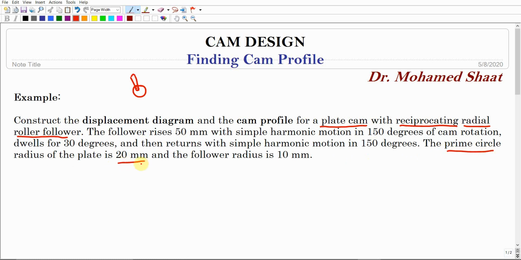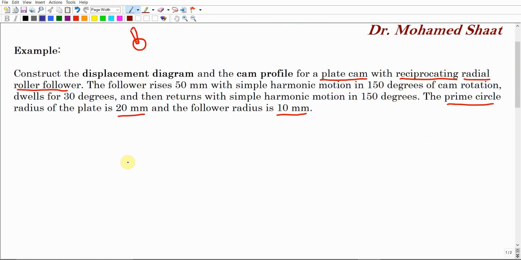R prime is already given as 20 millimeters, and the radius of the roller of the follower is already given as 10 millimeters. Since we are going to generate the displacement diagram of this follower, it is recommended that you come up with a tentative plan for how to generate it.